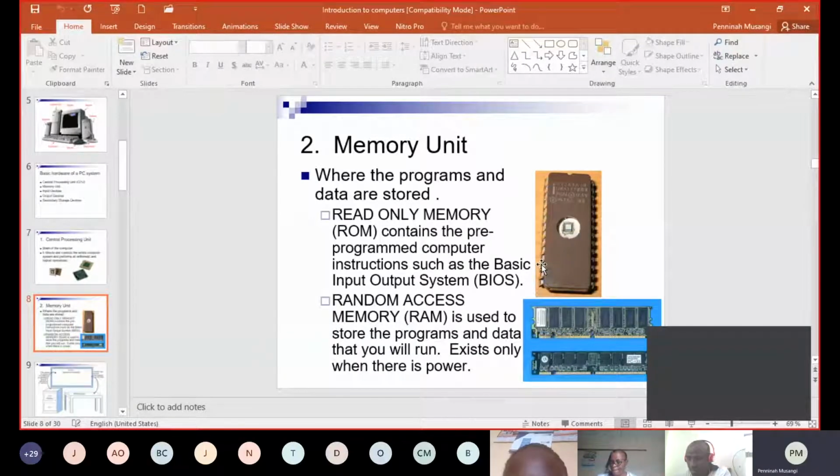So when a computer is being manufactured, there are some basic instructions. Yes. Yes, go ahead. We are not hearing. Hello? Hello?